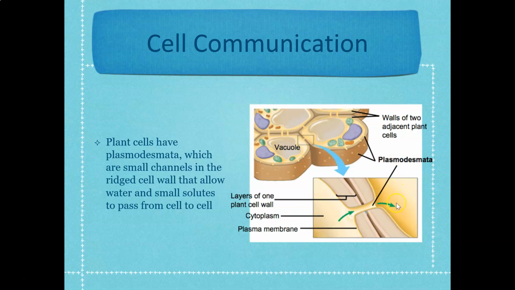So they can exchange proteins, they can exchange salts and water and things like that that can go through these little pores, these little channels from one cell to the next to expedite that communication so that that entire set of cells in that area can all communicate with each other and coordinate their function so that no one cell is doing too much or not doing enough, that ends up throwing the entire plant out of balance.